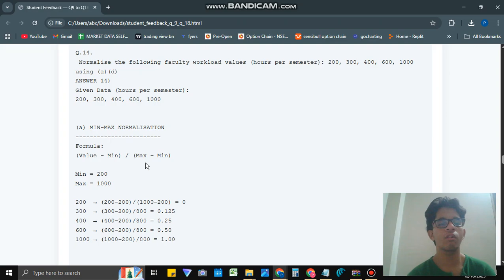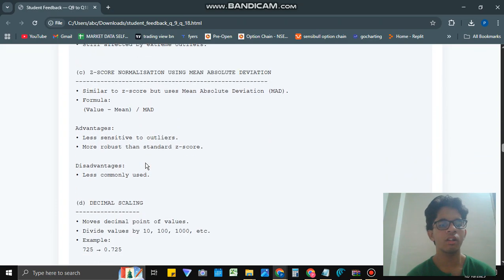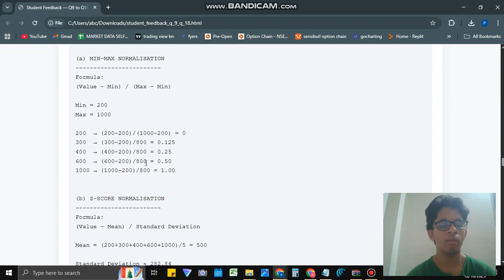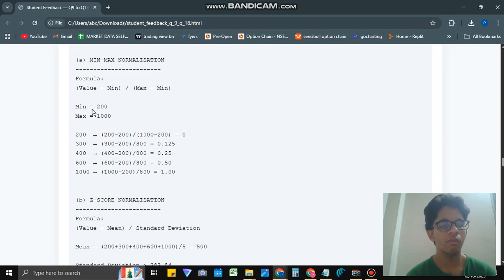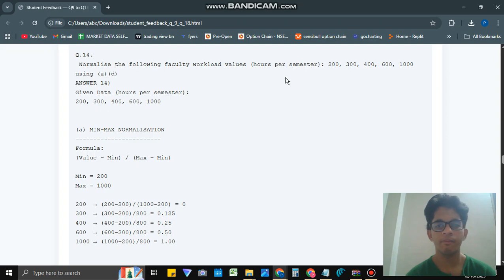Then coming on to the next question, we are given a data set over here, and we have to calculate the normalized values using these four methods that we talked about earlier. So first is min-max normalization. As we all know the formula, we would just apply it. For example, the first data point is 200.